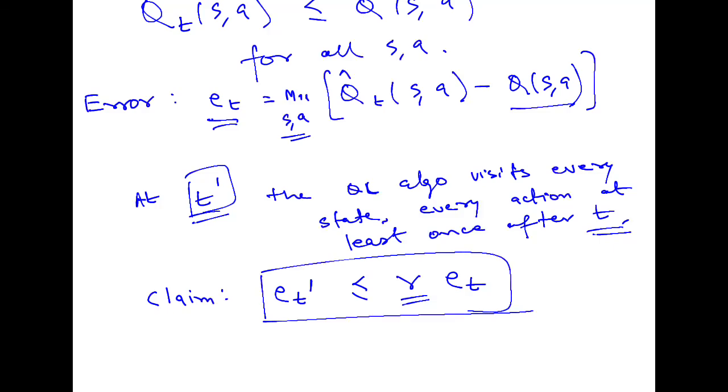The basic idea is this discounting factor, right? And at every step you are choosing the best approximation from the previous step. So using these two things, you can actually see what your update rule is.